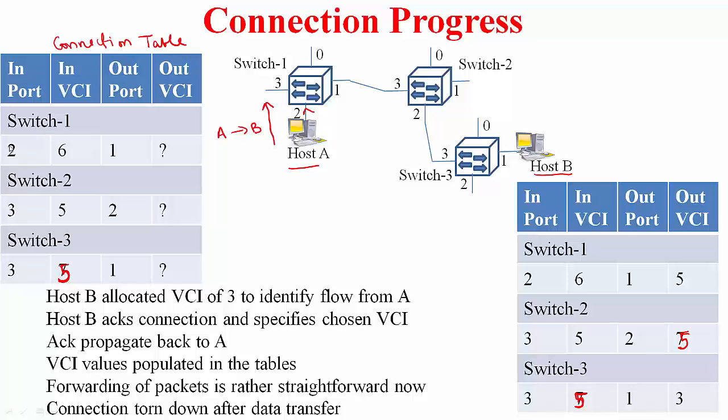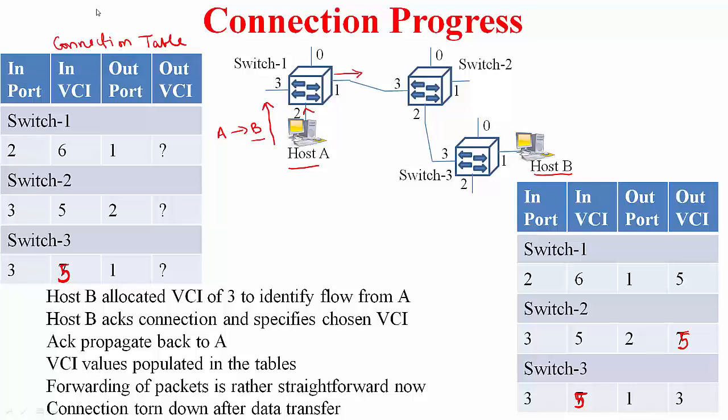Within this table, it is going to note that when a packet comes on port 2 corresponding to this particular connection, I will assign it a VCI of 6. And then it is going to notice that the destination is B. To reach B, it has to send it on port 1.